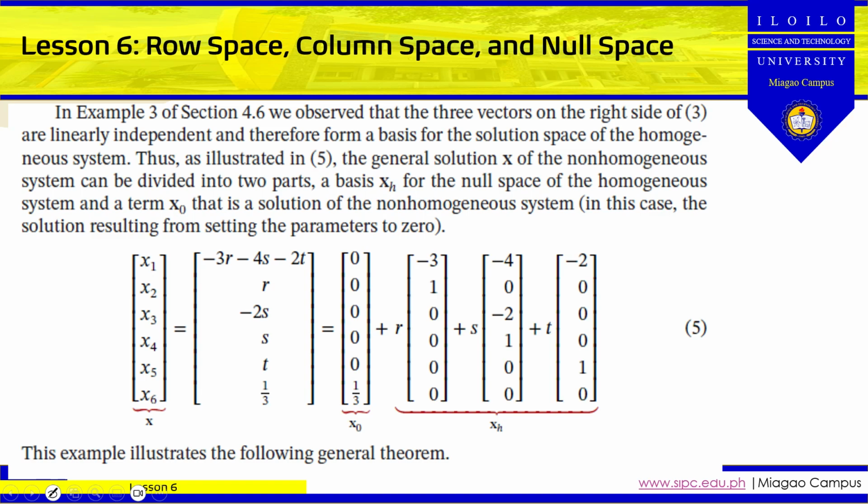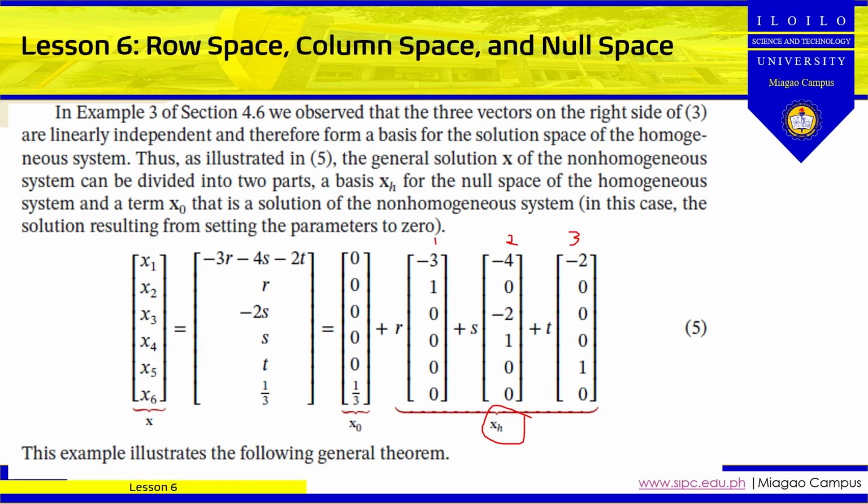In this equation, the general solution x of the non-homogeneous system can be divided into two parts: a basis, x sub h. As you could see, this is the basis. Actually, how many bases do we have? 1, 2, 3.